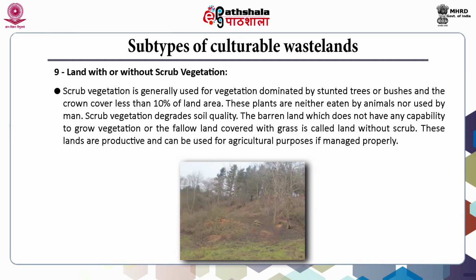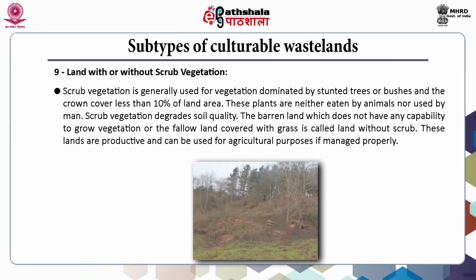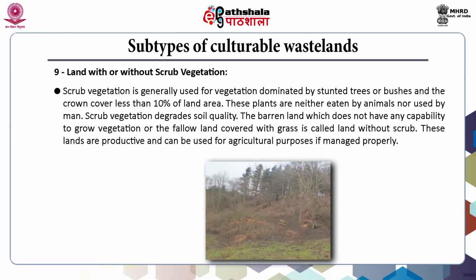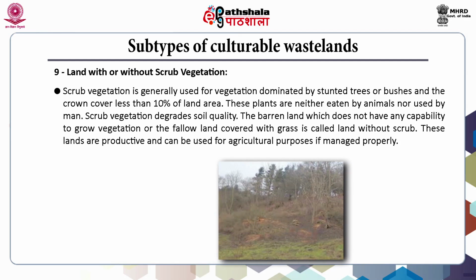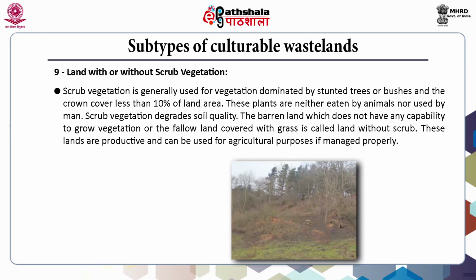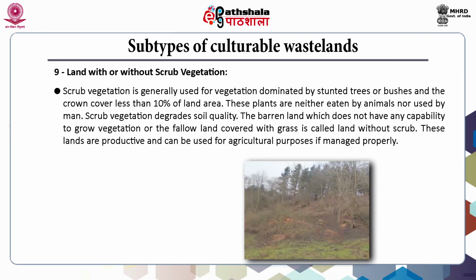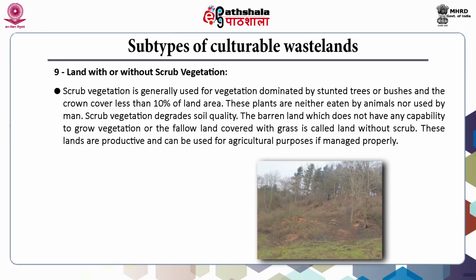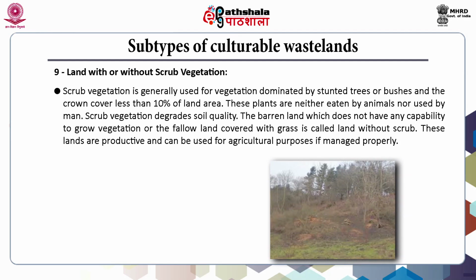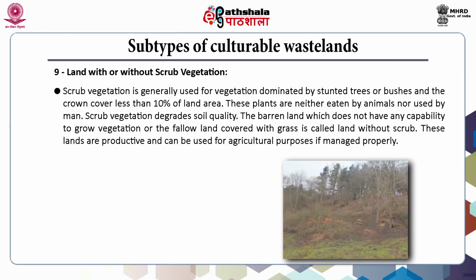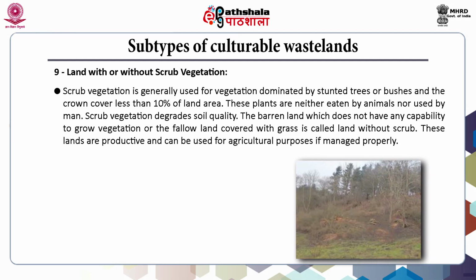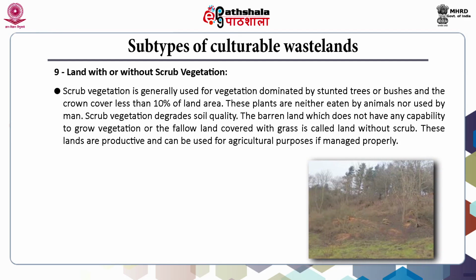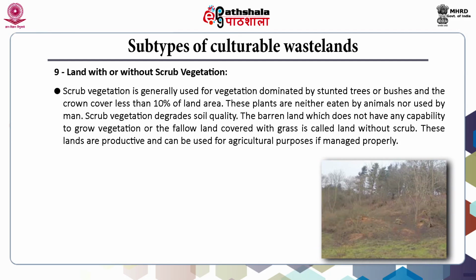Scrub vegetation degrades soil quality. The barren land, which does not have any capability to grow vegetation, or the fallow land covered with grass, is called land without scrub. These lands are productive and can be used for agricultural purposes if managed properly.